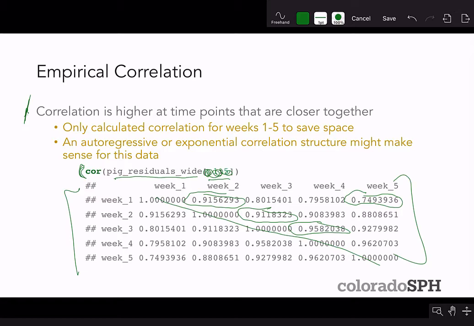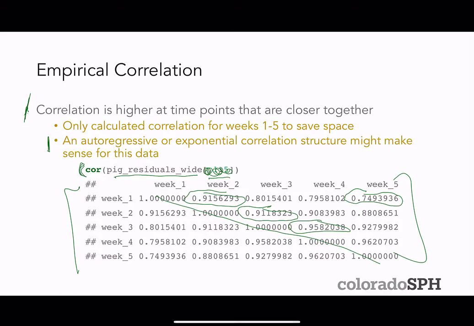And this trend, where week 1 versus week 2 is the highest and week 3 versus week 1 is a little bit lower, says to me that some sort of autoregressive or exponential correlation structure, something that allows you to calculate correlation that is highest at time points closest together and gets progressively less correlated, is something that might make sense for this data.